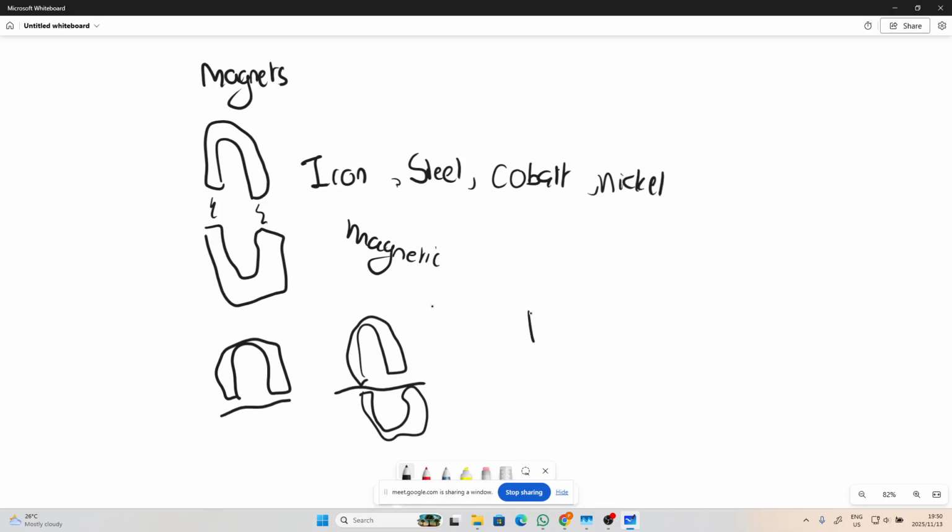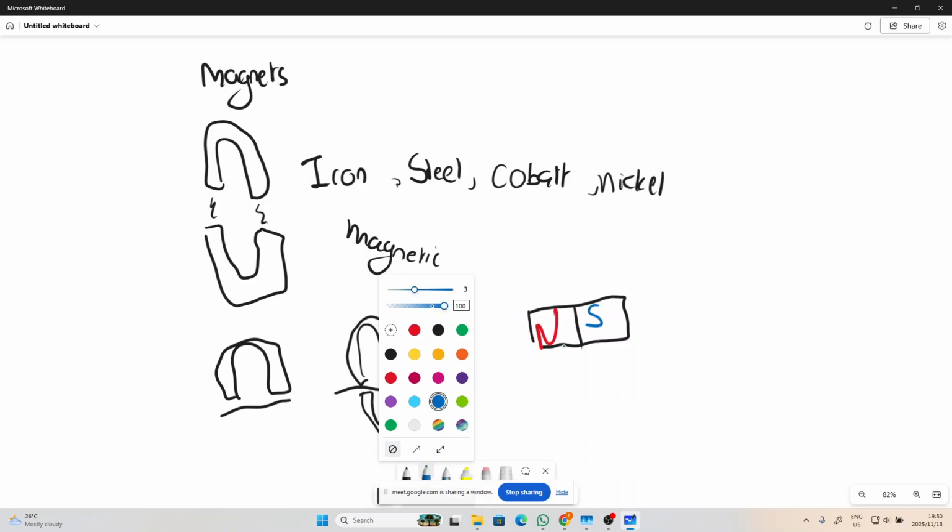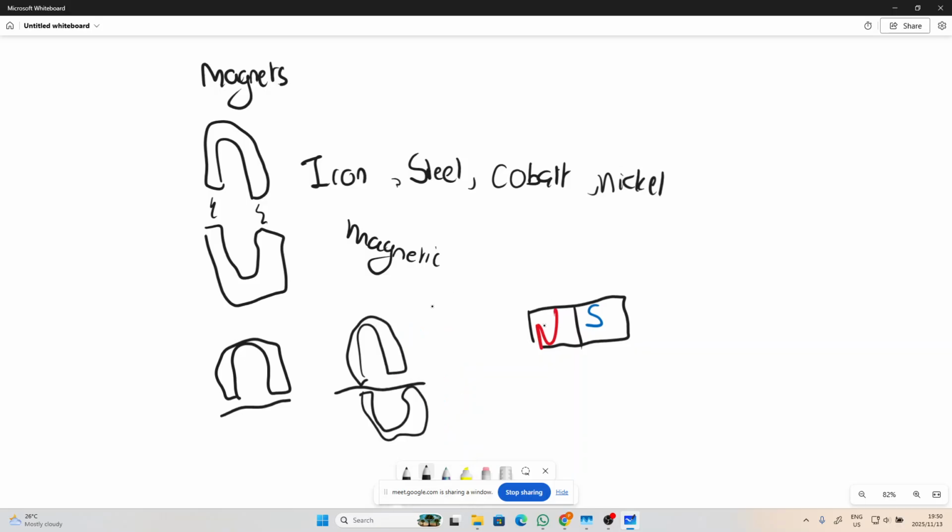When we look at a magnet, simple concept, we've got a north pole and we've got a south pole. The magnetic field goes from north to south, always. These lines that I'm drawing must be parallel to each other.